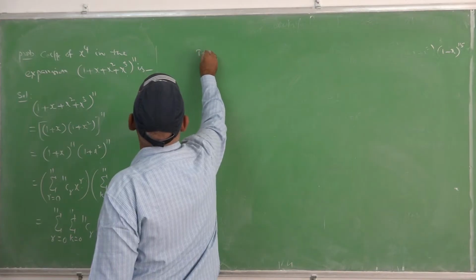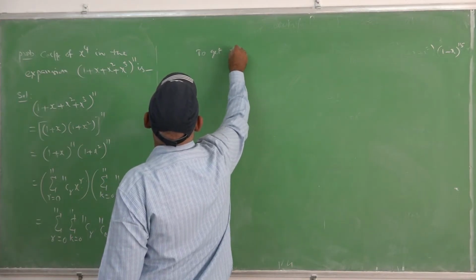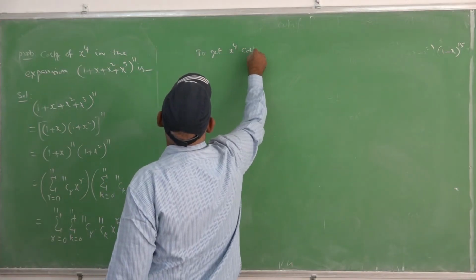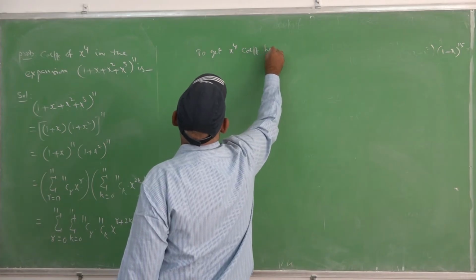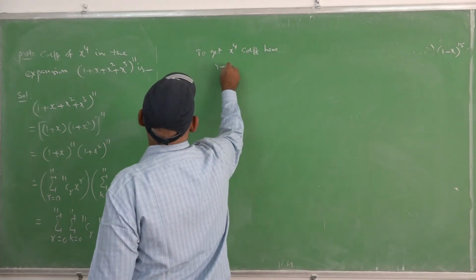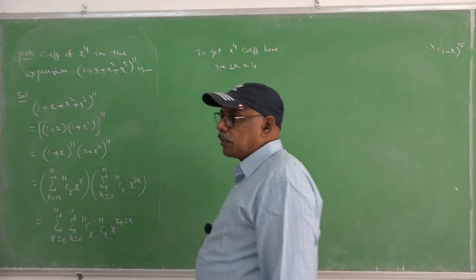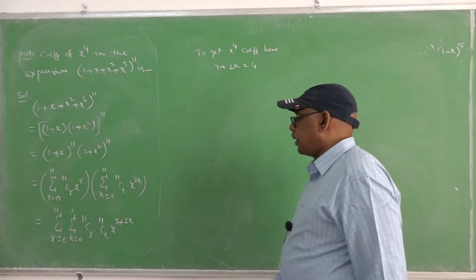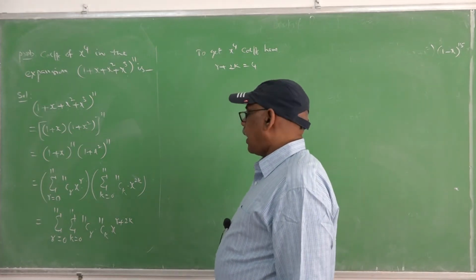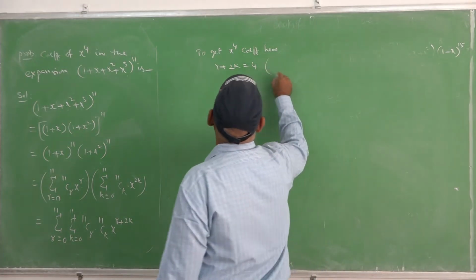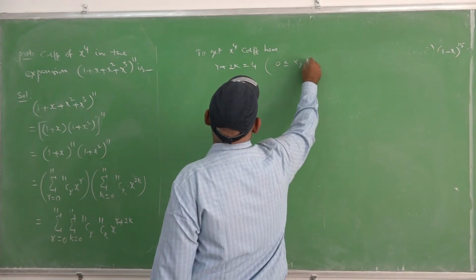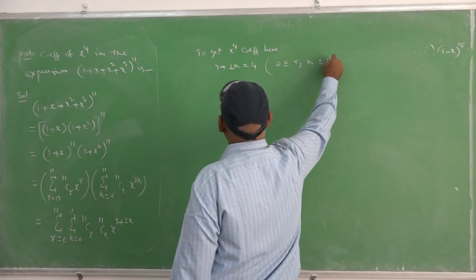So to get x power 4 coefficient, here r plus 2k equal to 4, where r is running from 0 to 11 and k is running from 0 to 11.